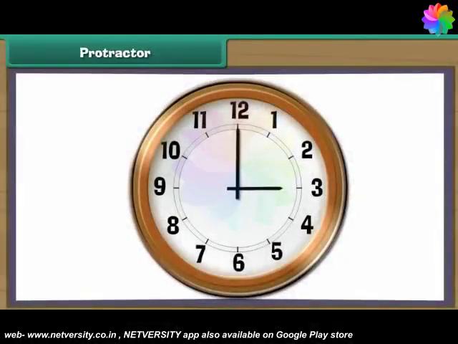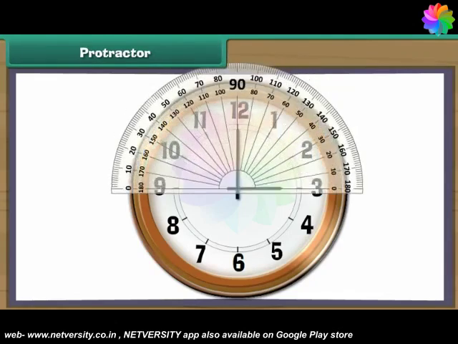This clock shows the time as 3. The long hand of the clock is on 12 and the short hand is on 3. Place the protractor on the short hand of the clock. The horizontal line at the bottom of the protractor must coincide with it.